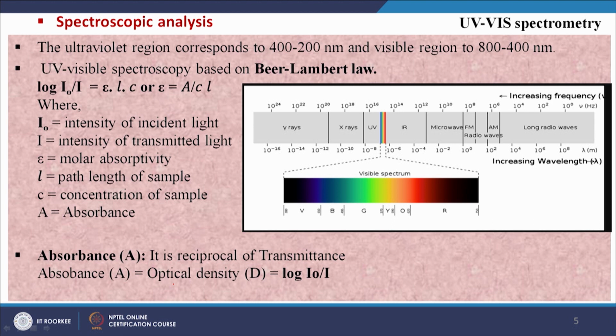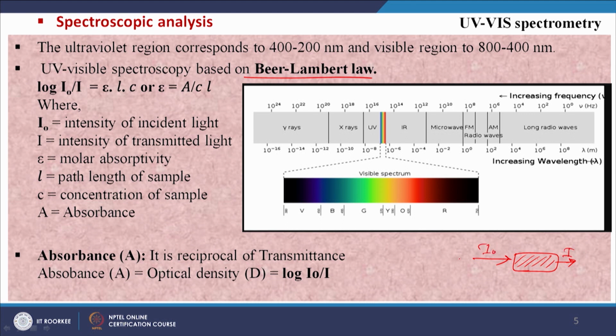It works on the principle of Beer-Lambert law. What is that principle? If we pass some radiation or UV light through a sample which is present here, then as it passes through, some part of the electromagnetic radiation, in this case UV light, will be absorbed and the intensity will be reduced.